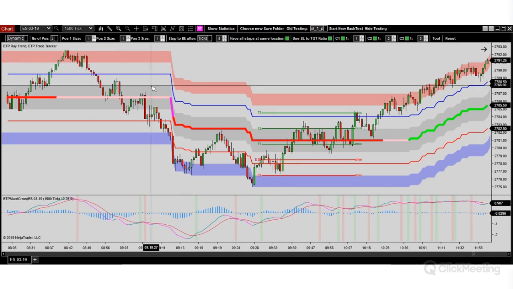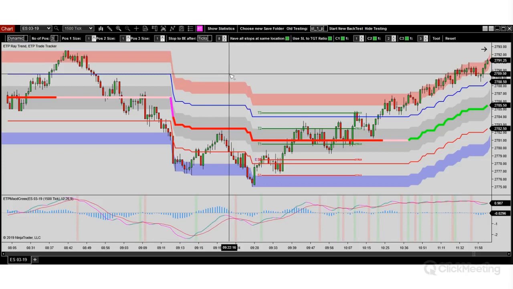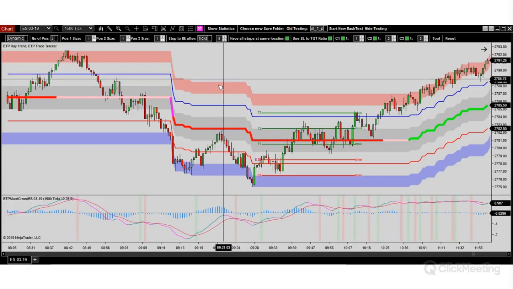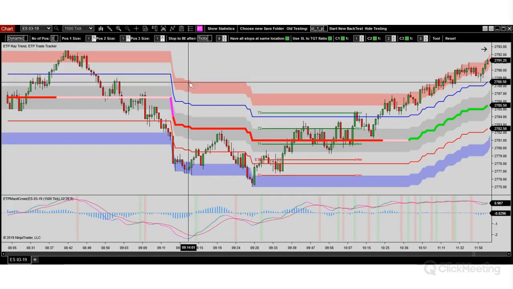The indicators to use are the RayTrader, the Ray Trend, the one that I've got on the chart right now. Since we're using historical data, there's no point in using RayTrader, because that's just a tool to help you in your live trading. But it's definitely essential to this system.